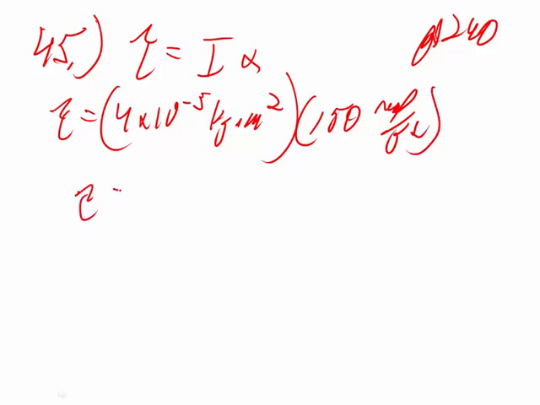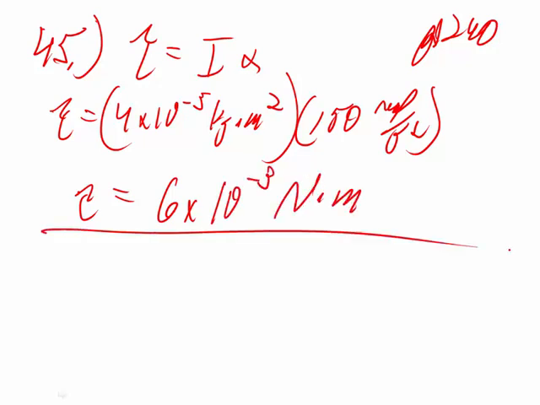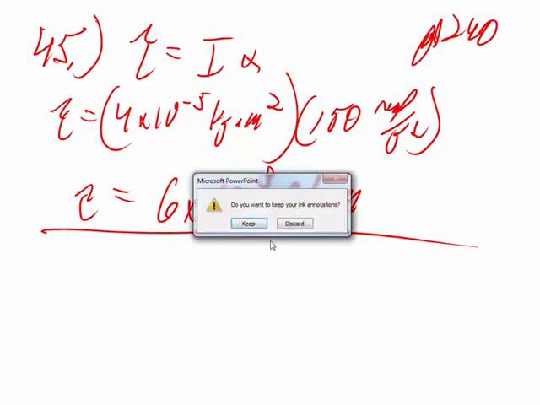So 4 times 10 to the negative 5th times 150 gives 6 times 10 to the negative 3rd newton meters. Those are fairly simple calculations. I'm going to pause before the next chapter, and then we'll come back.